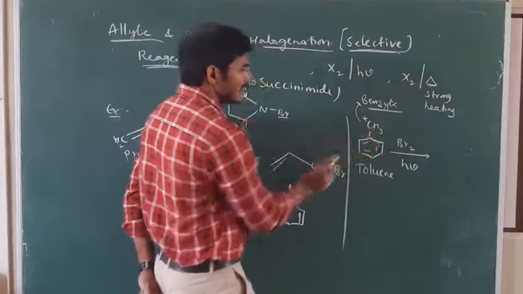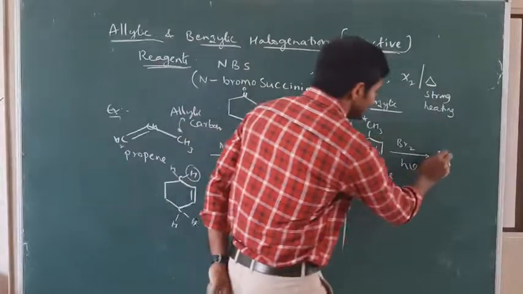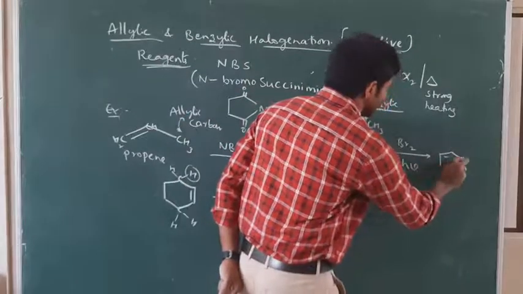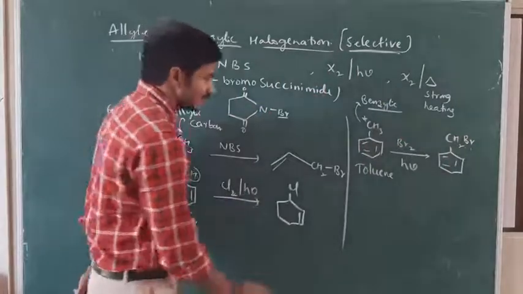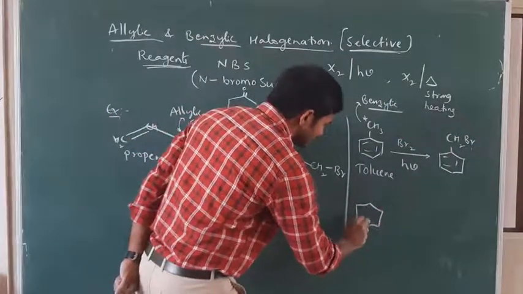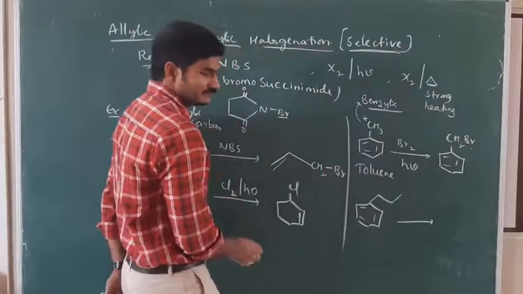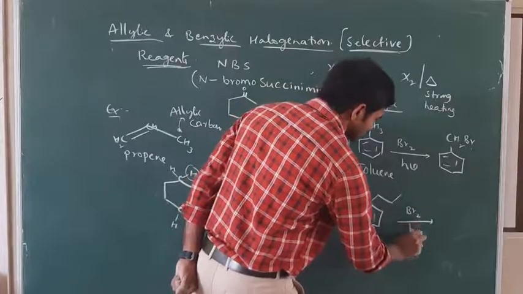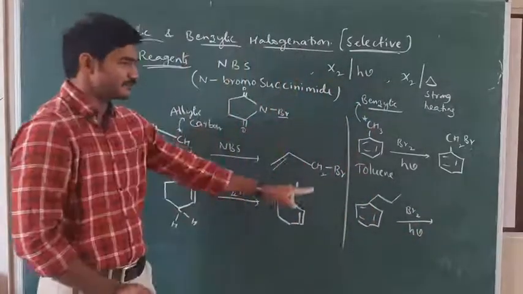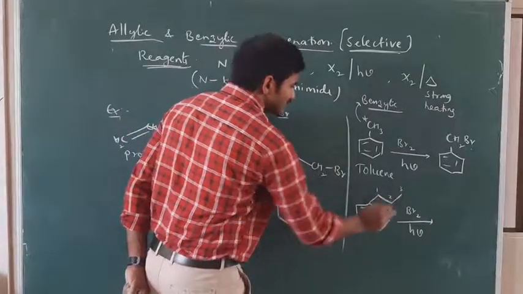So among the 3 hydrogens, what do we have to do? One hydrogen is substituted with 1 bromine, giving CH2Br. So the molecule is like this. This is propyl benzene. Can you tell me which is the benzylic carbon in this propyl benzene? Among 1, 2, 3, which carbon is benzylic?